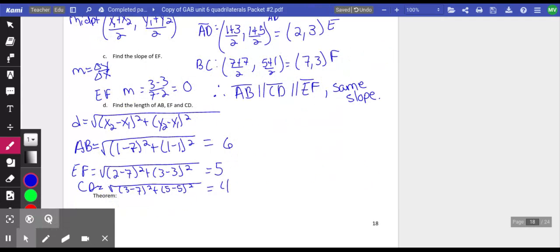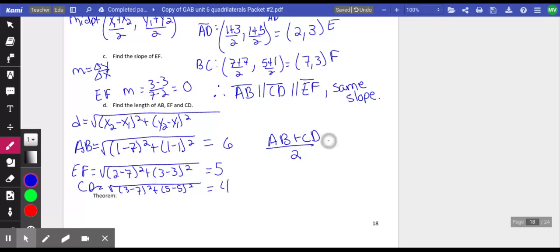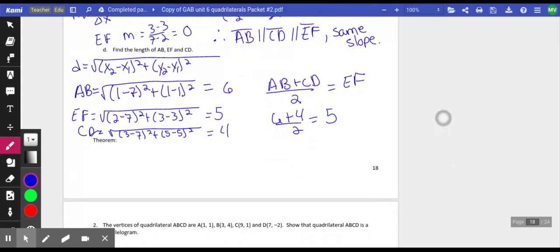Okay, so AB is 6, EF is 5, CD is 4. So you may notice that if I do AB plus CD divided by 2, that equals EF, because 6 plus 4 over 2 equals 5, or the average of AB and CD.